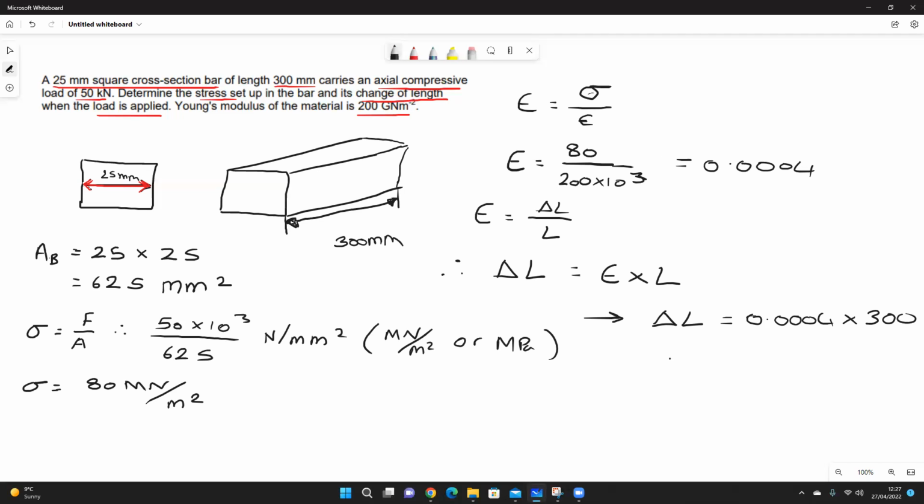That should then give us the change in length that the beam experienced when subjected to the axial compressive load of 50 kilonewtons. So that should then give us a value of 0.12 millimeters, which the beam has displaced.